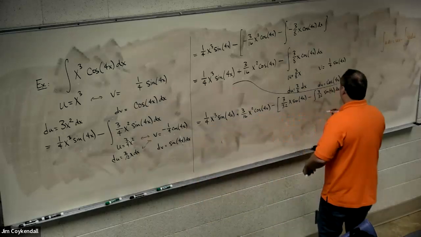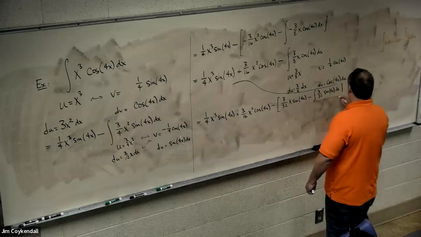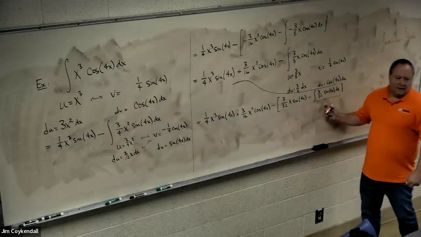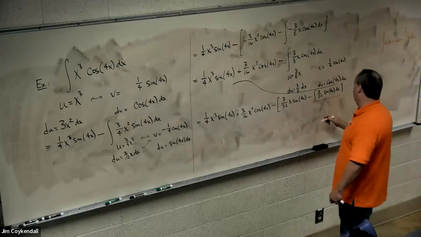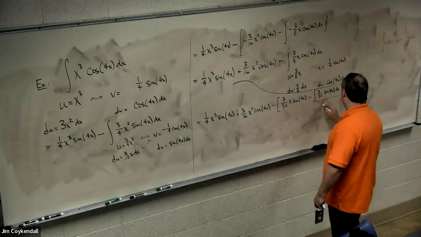And this piece right here, ostensibly I can do in my head, because it's constant, right? The antiderivative of sine is minus cosine, so minus 3/128 cosine.